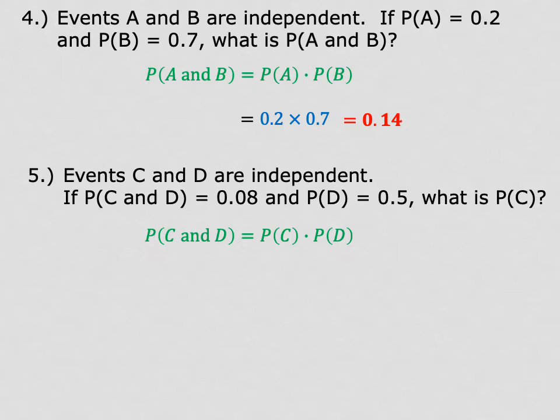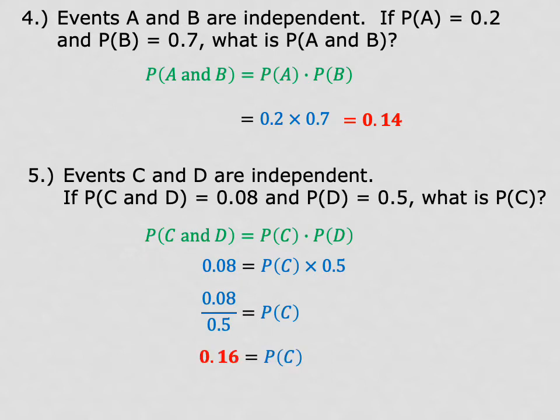You know the probability of C and D is 0.8 and the probability of D is 0.5. Now if I want to solve for the probability of C, what am I going to do with this 0.5? If I'm multiplying it, in order to undo it I would divide. So the probability of C happening would be 0.16. Okay?